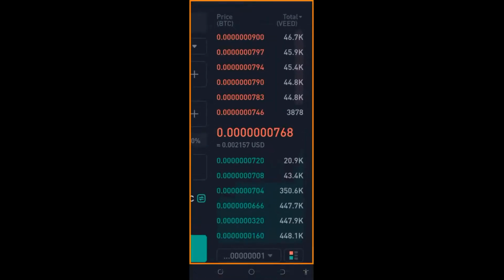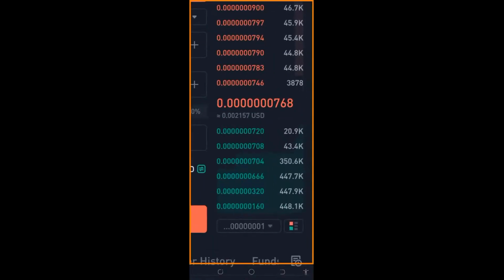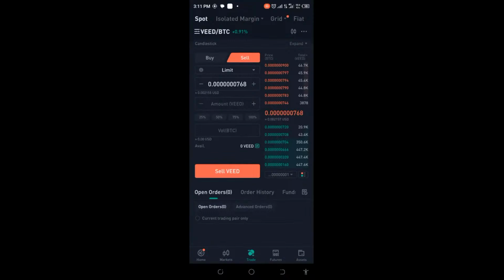We want to sell. Are we selling? Yes, we're selling. So we're going to choose the first green. It's much lower. You can see that the main price is ending at 768, but this one is 720. It's really different. So I'm just going to pick that out. If that's not going to work for me, I may just be in the queue. But let's see if we can actually make money.